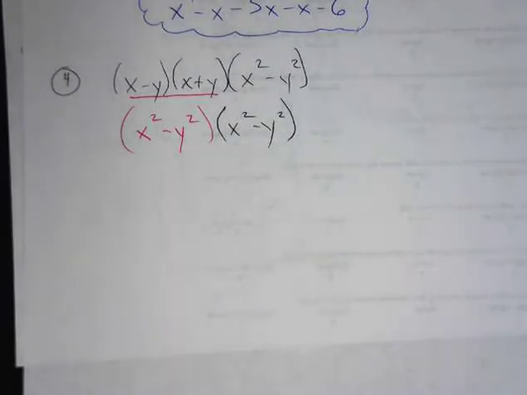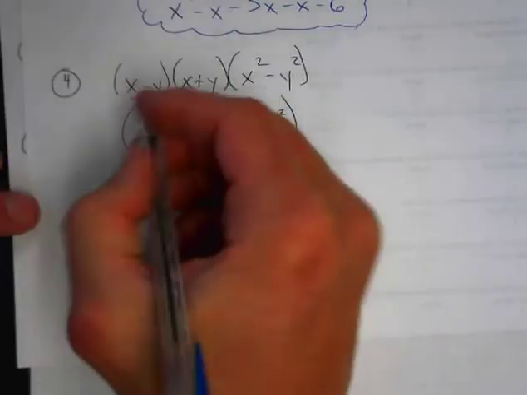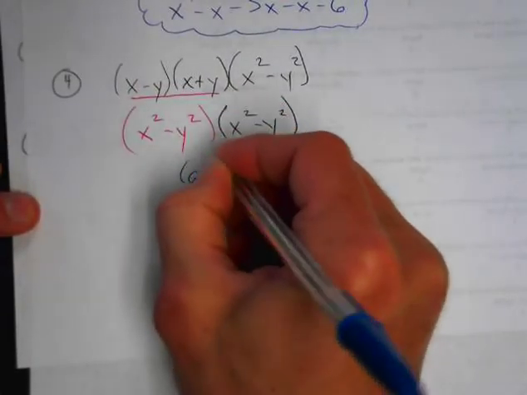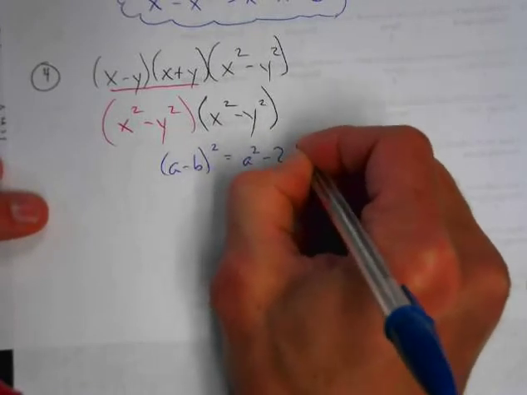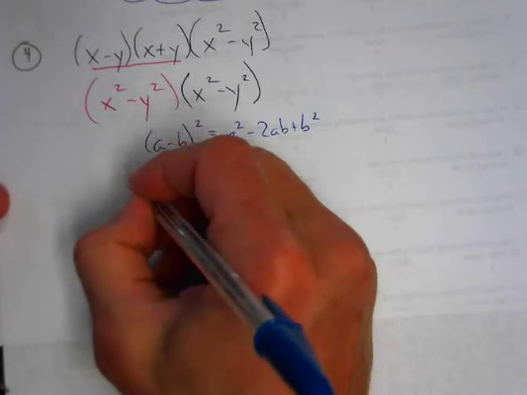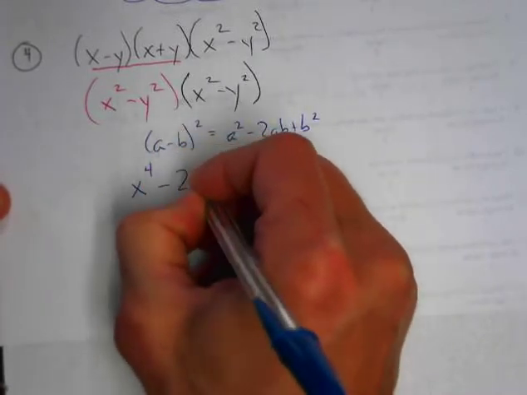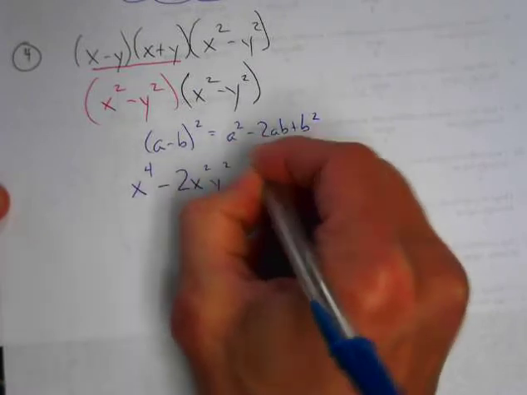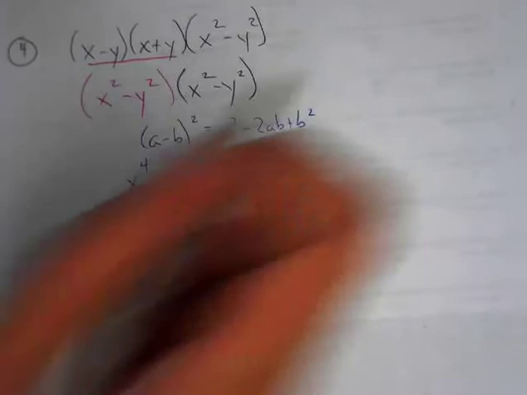And how do perfect squares work? We have a minus b to the second power, a squared minus 2ab plus b squared. You recognize that? So we have x to the fourth power, right? Minus 2x squared y squared plus y to the fourth power. And that is what we would have.